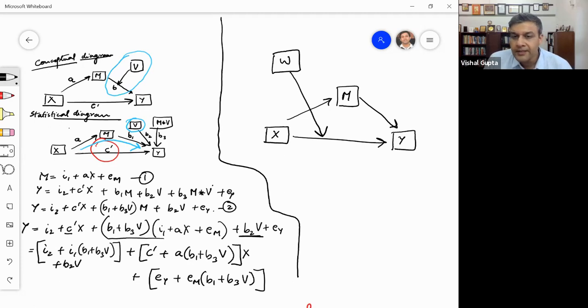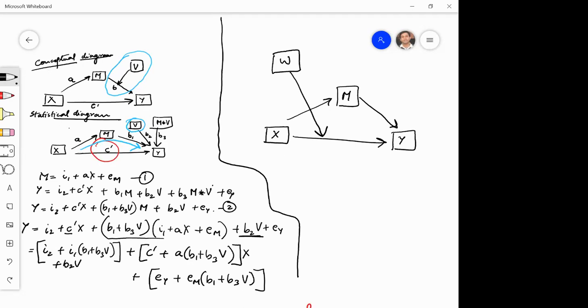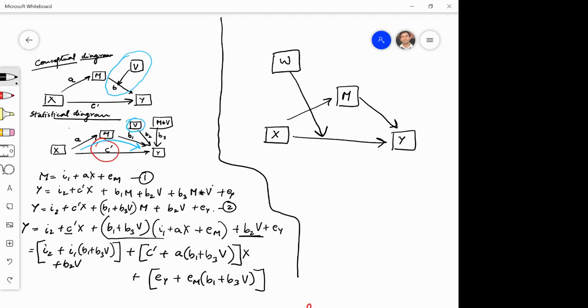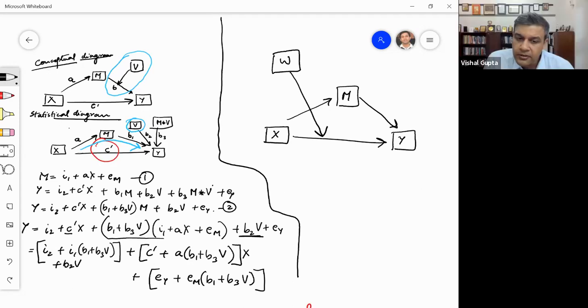Is this an example of moderated mediation? No, this is not. I'm happy you are with me. This will not be called conditional process analysis, because you are only talking about the moderation of the direct path. So this is not a class of moderated mediation.